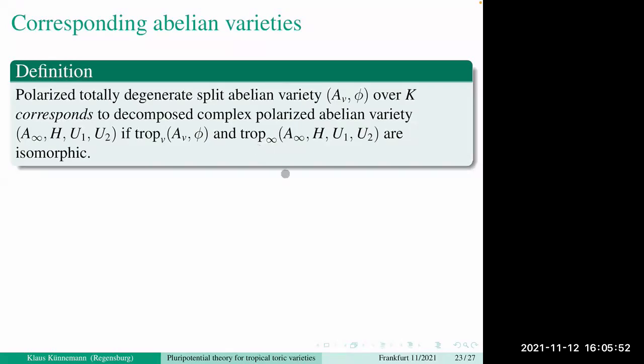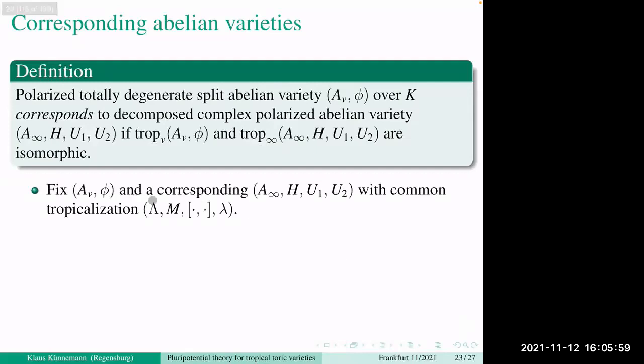You just say they correspond to each other if their tropicalizations are the same. So in particular, if you fix some non-Archimedean polarized abelian variety, you can always choose a corresponding complex one because the functor was essentially surjective. And if you want to go vice versa, of course, the tropicalization has to be Gamma-rational. Anyway, we start with non-Archimedean, we get a complex one, and we have a common tropicalization.